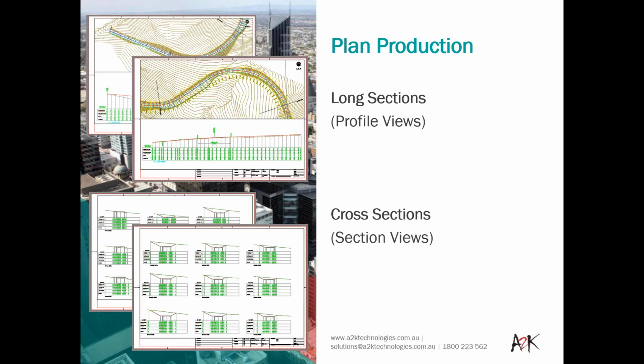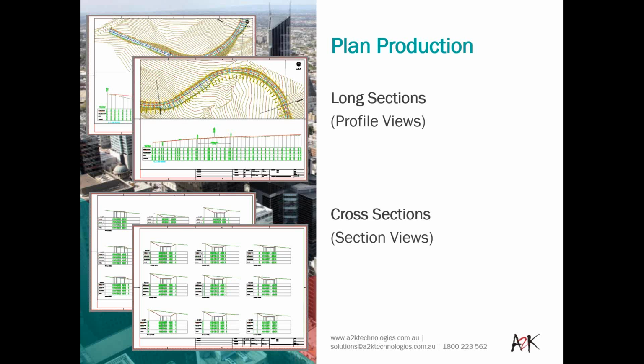So what we're looking at today for the next hour or so is the plan production tools in Civil3D. That is getting your long sections and plan views onto a sheet, and also your cross sections onto sheets. Now there are automatic ways of doing that in Civil3D.